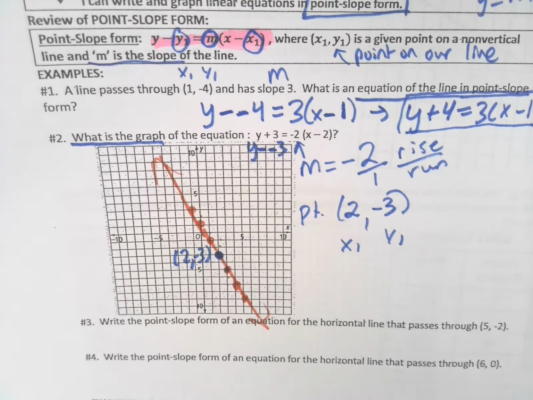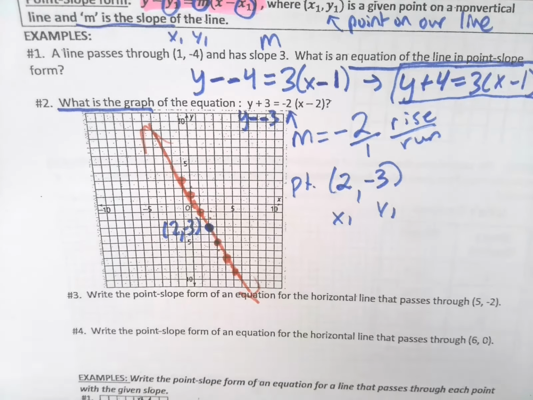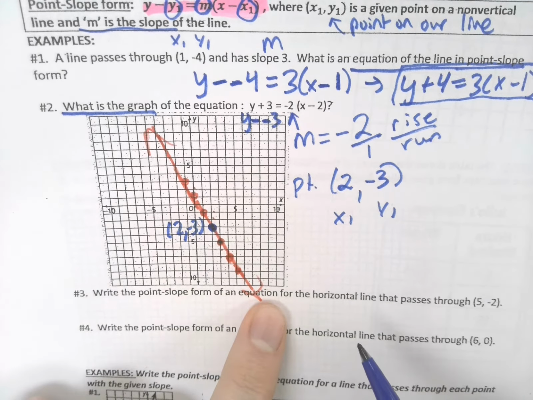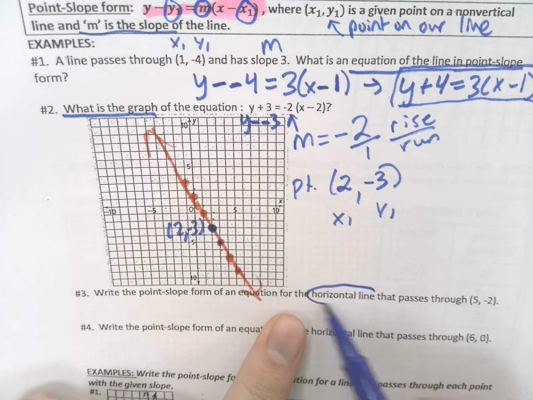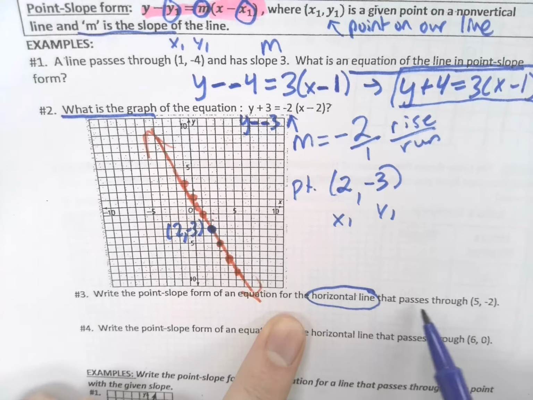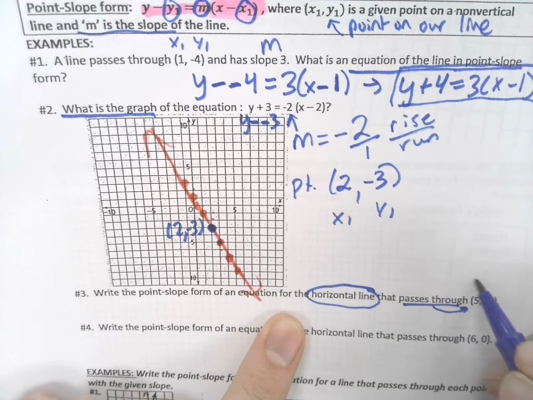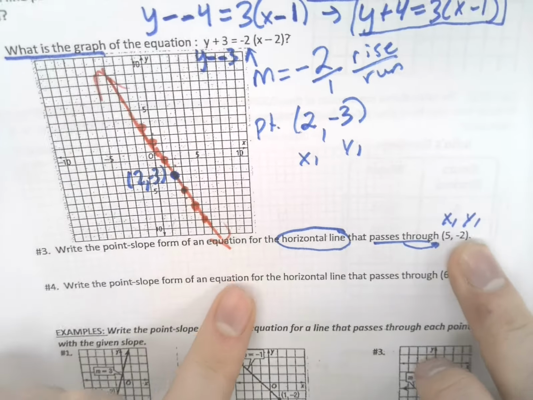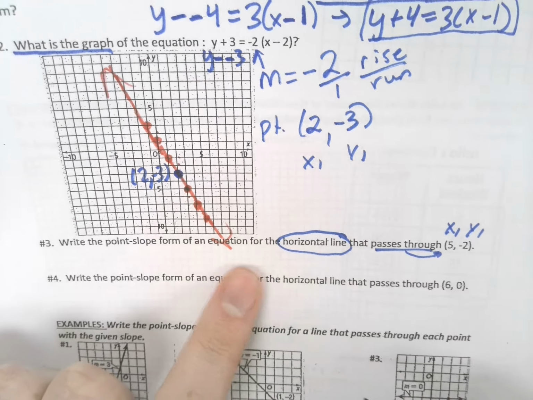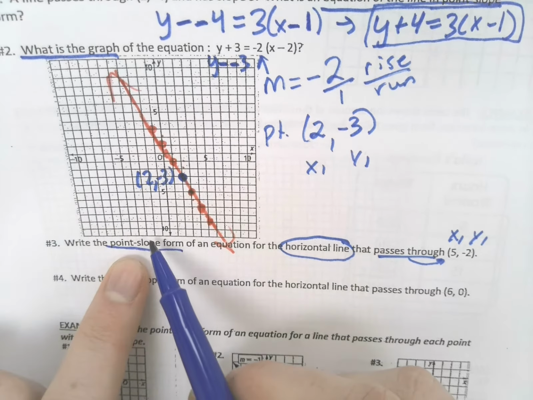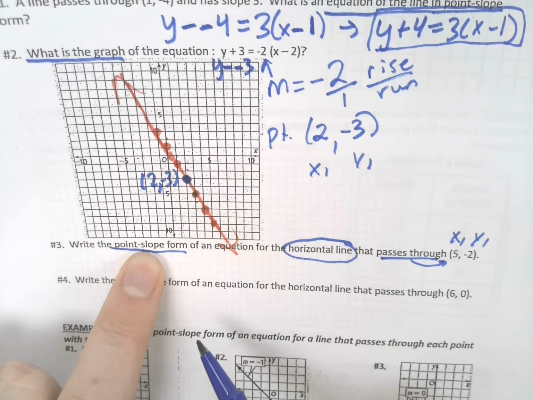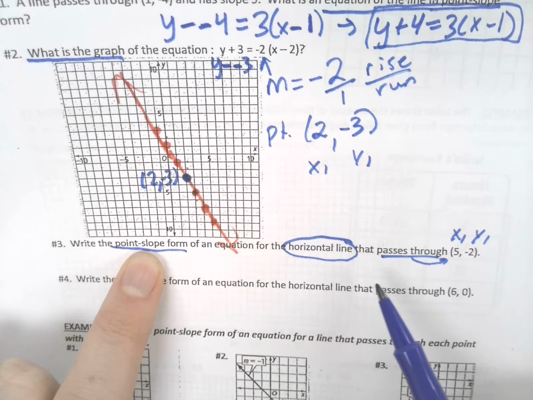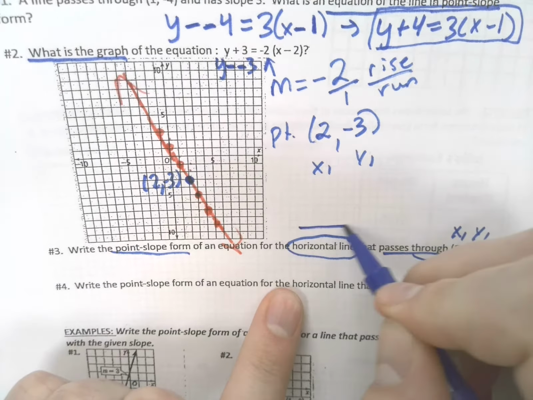Now these next two seem pretty easy until you get to looking for the slope. We want to write the point slope form of an equation for a horizontal line that passes through here's our point. So you say, okay, I see x1, y1. That's not a problem: 5 and -2. The issue is we need to write this in point slope form. That means we need the slope. Where's the slope? We only have 1 point. We don't have a graph. Oh, it's a horizontal line.